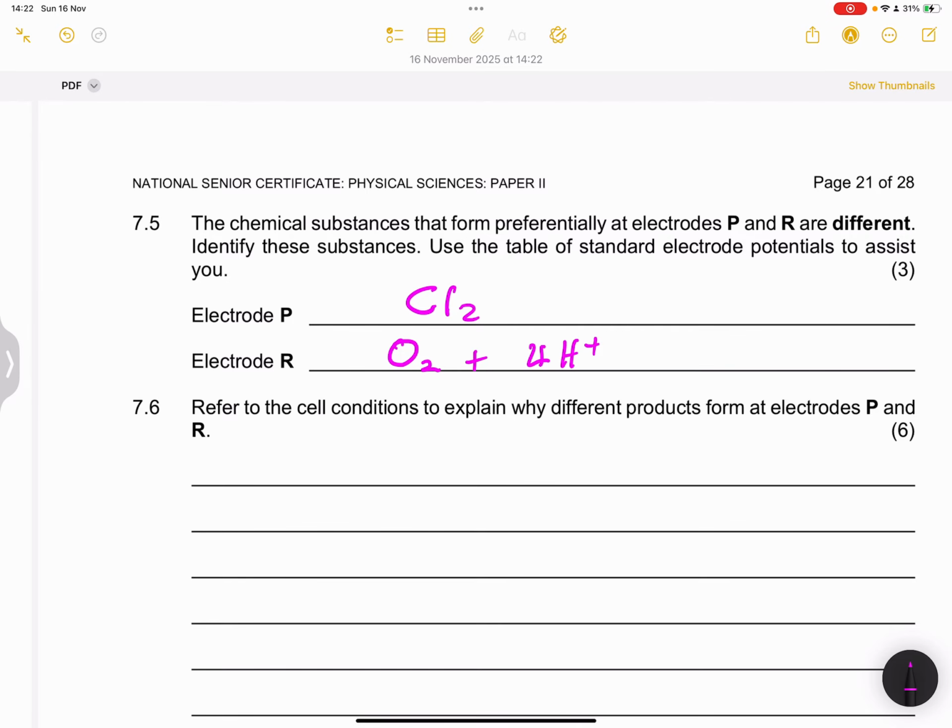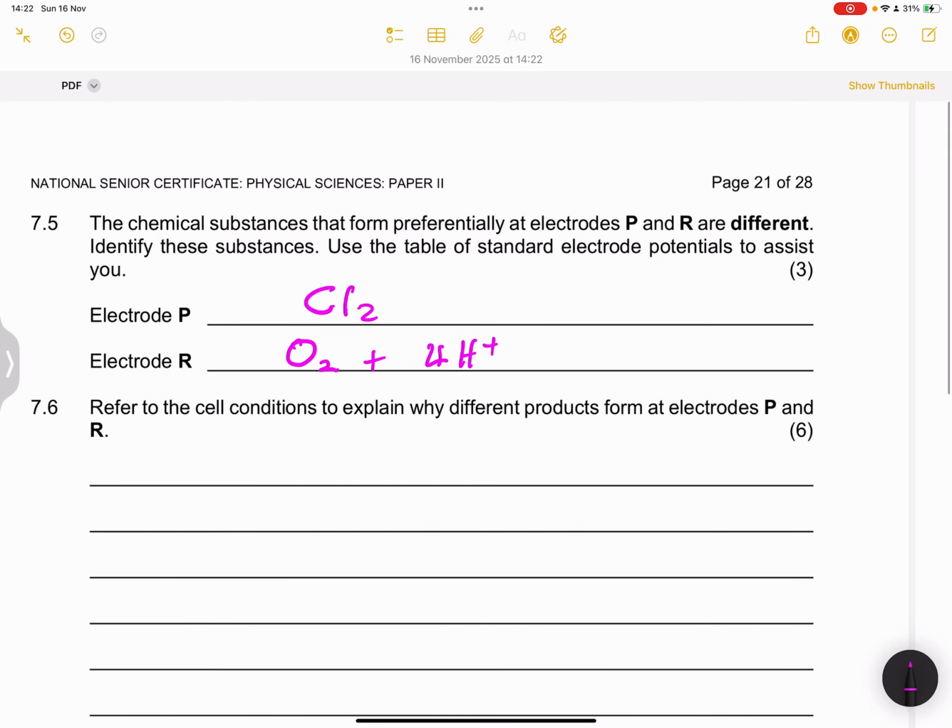Right, now they say to us, refer to the cell conditions to explain why different products form at electrode P and R. Right, and please guys, I want you to follow this because I really want you to get this, right? So I want us to start with what happens at R. In fact, that's the one that's the most interesting, right? So what do we have?